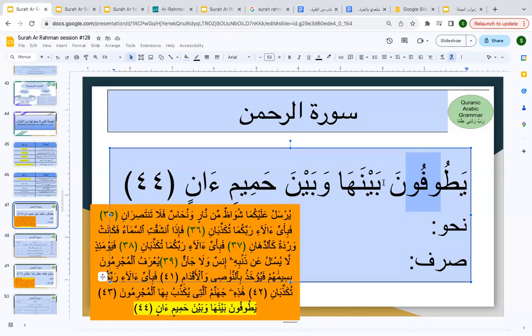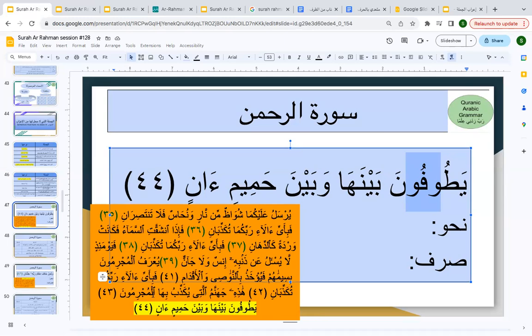Because this is hal for al-mujrimuna, or some may say this can be the hal for Jahannam. This is a condition of Jahannam, that the criminals are circumambulating between it and between the boiling water. And both ways, it's going to be correct.